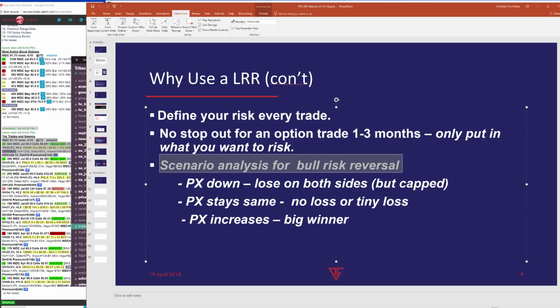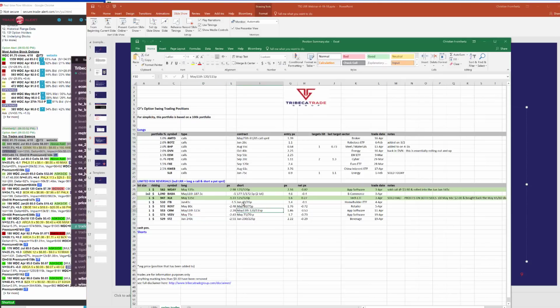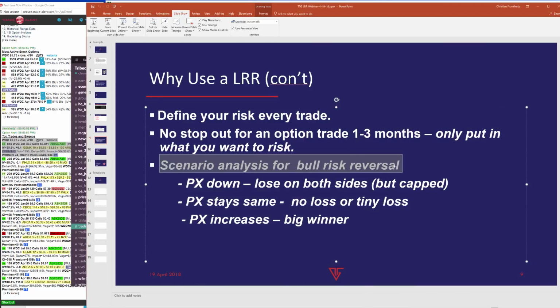But it's good to talk about one that's probably not going to work. This ITB that I put on back on April 4th, where I'm long a call and short a put spread, I'll probably lose the $500. But on a lot of the other ones, I've made up for it by having some huge winners.